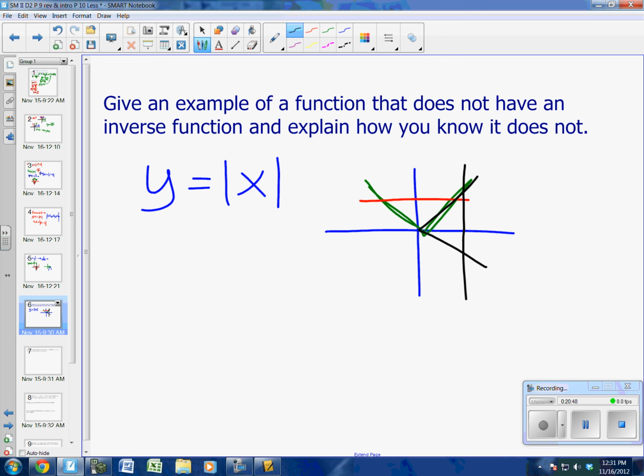Where would you restrict it so that it would have an inverse? At x is equal to 0. Why there? Because cut it in half, right? And we would only have this half. Does that half pass the horizontal line test?